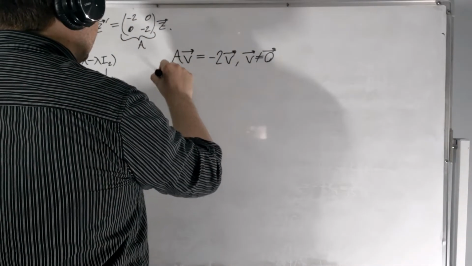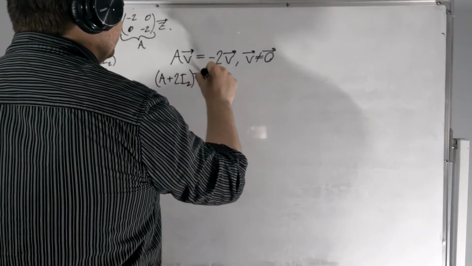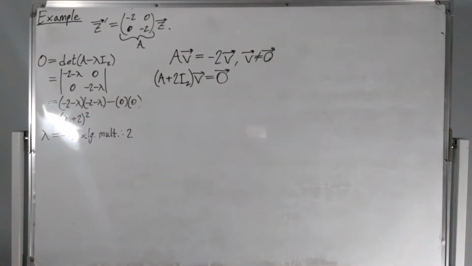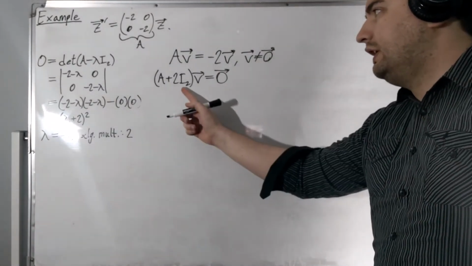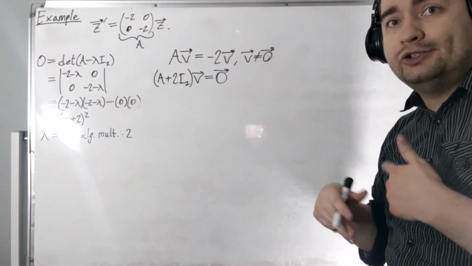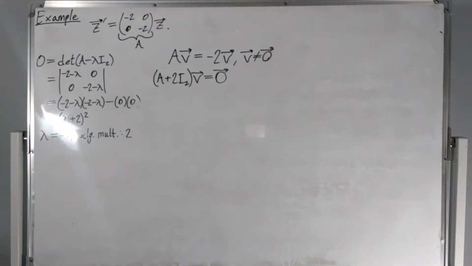Now let's notice that this can be rephrased as A plus 2 I2 times v vector equals the 0 vector. Okay, we'll need to rephrase it like this for talking about generalized eigenvectors later today.